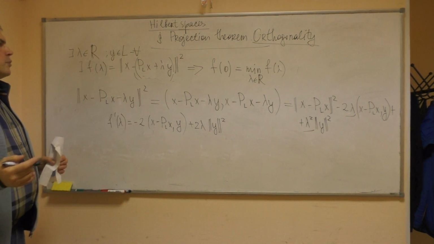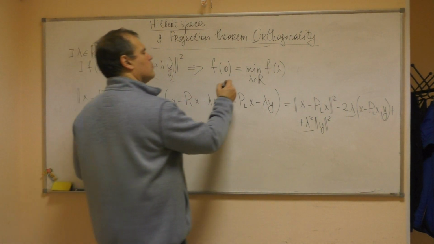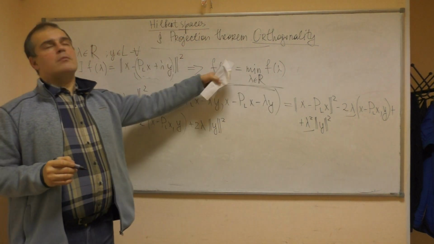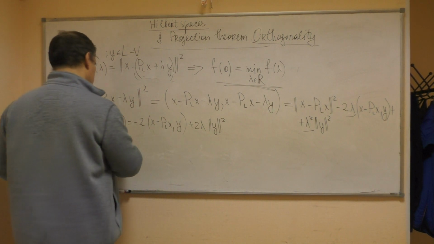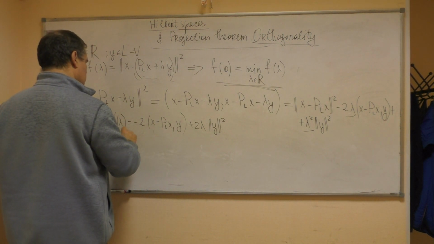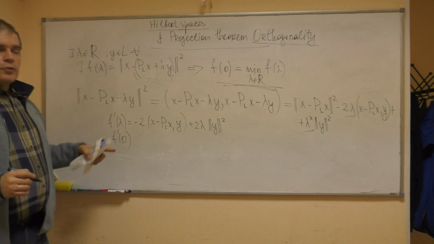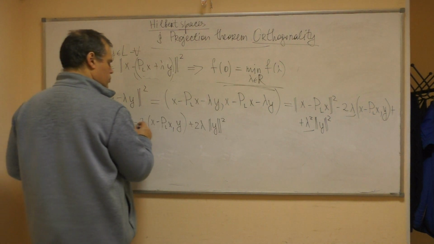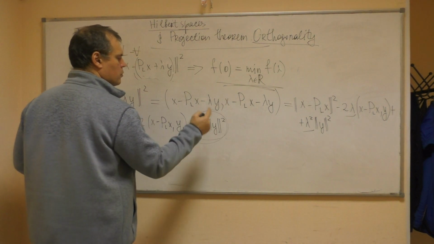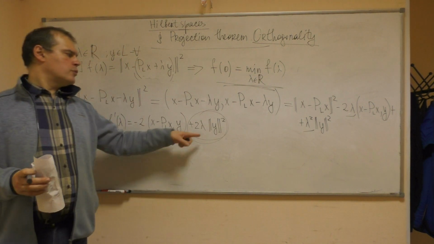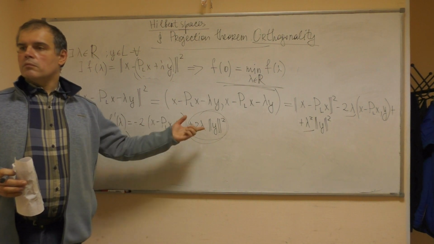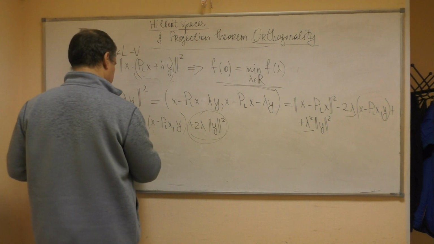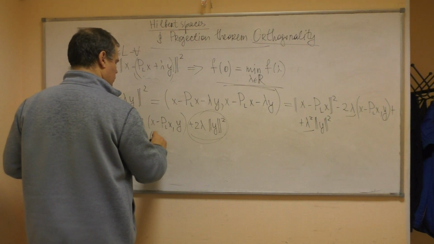So we have this, and as this function achieves its minimum at lambda equal to 0, the derivative at the point 0 should be equal to 0. And in this derivative, this term disappears, so we have only this one.